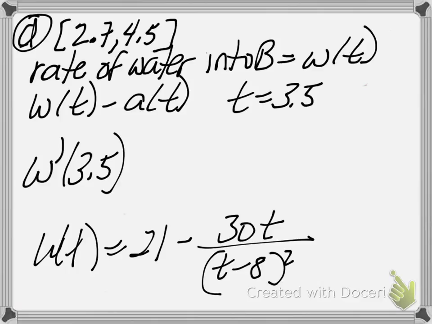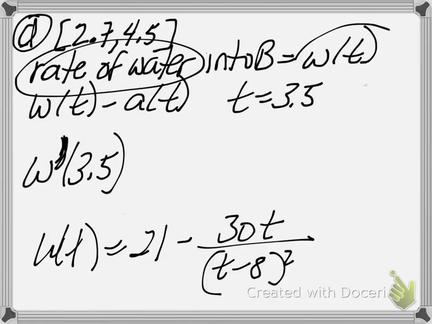You're going to use your calculator, but you're not going to have to find the derivative because this is the rate of water going in and out. So that already is the derivative. So you just have to put 3 point. No, what am I talking about? I should have stuck with my first thing I said. You're going to need W prime, okay? Because you want to know, is this thing W of T increasing or decreasing? So you need the derivative.